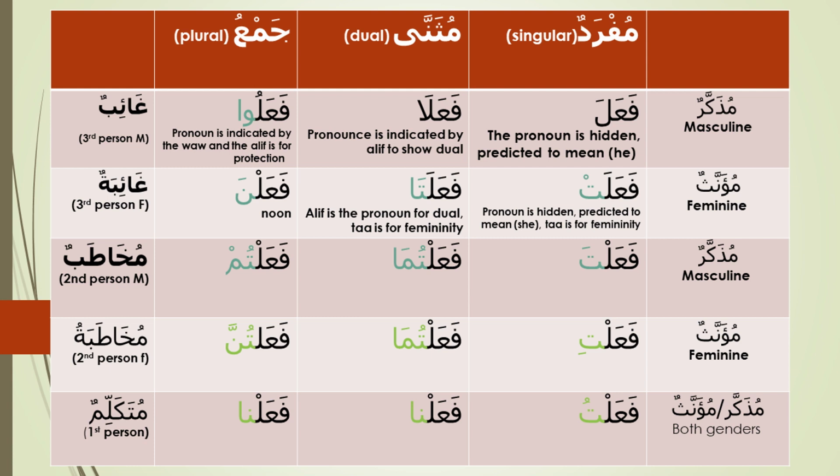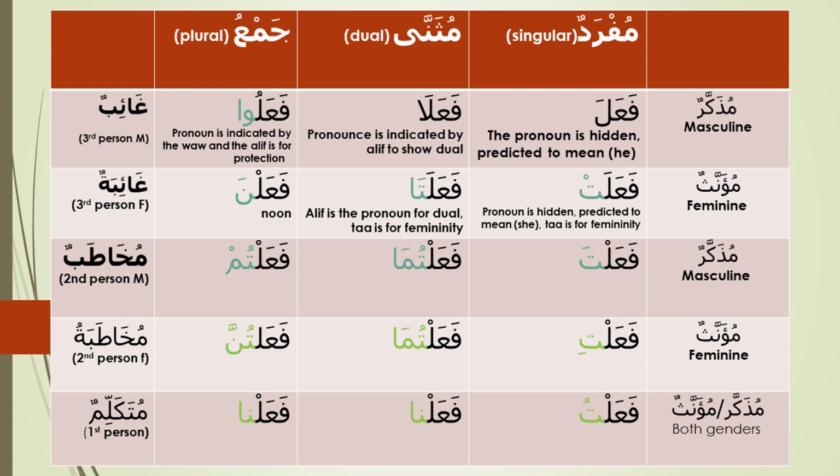So we said, firstly we're going to memorize the first 6 scales of fa'ala. We mentioned the 3-letter past scales. How many are there? We have 3 or 4?